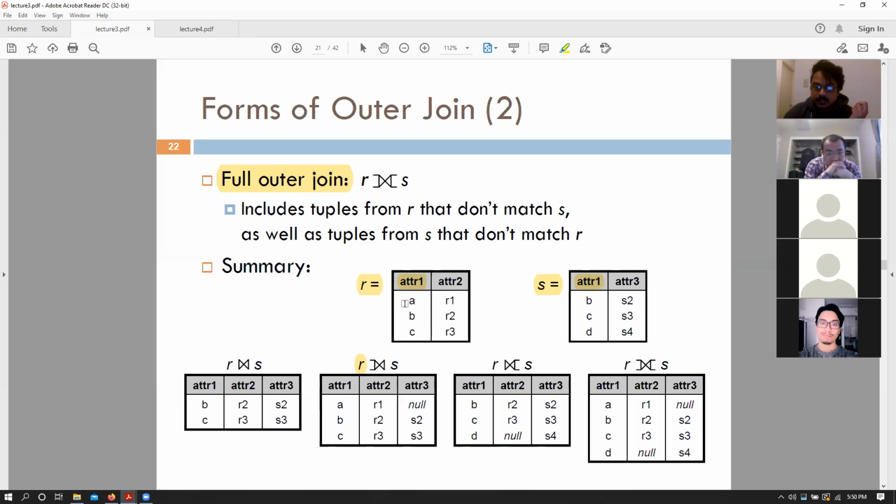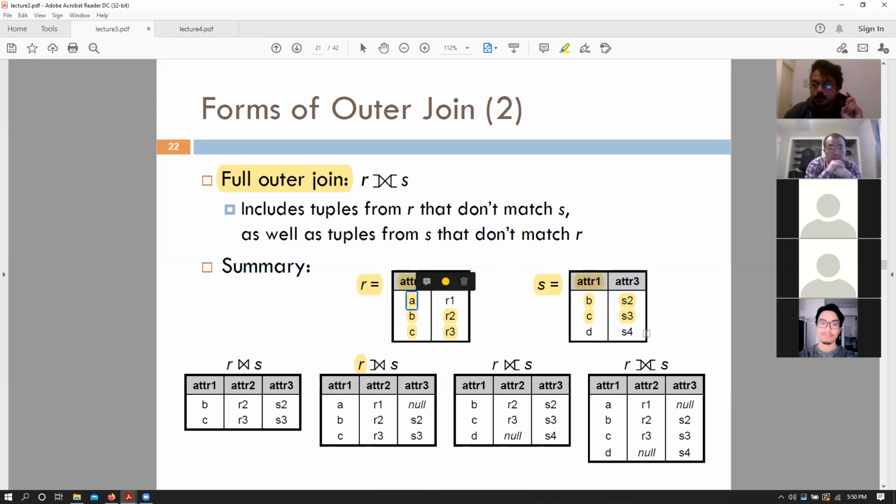So A, B and C are your left hand side attribute values. These are always going to be present in your left outer join. So for B, we have a corresponding S2 and R2. For C, we have a corresponding R3, and for C here, we have an S3 again. That is fine.